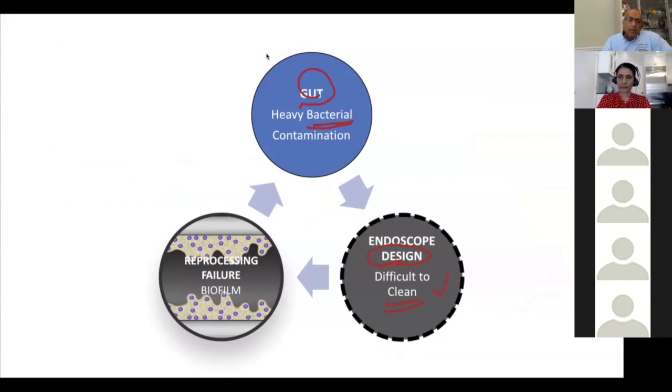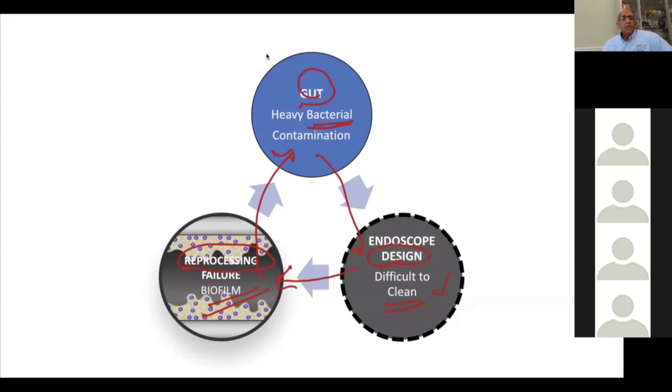And then, what happens if you don't reprocess the scope properly, there's going to be biofilm, and the biofilm gets more contaminated each time the scope goes into the gut, and because you don't clean it properly, this cycle keeps on going, and it becomes extremely difficult or almost impossible once heavy biofilm develops. So we're going to talk about these concepts.